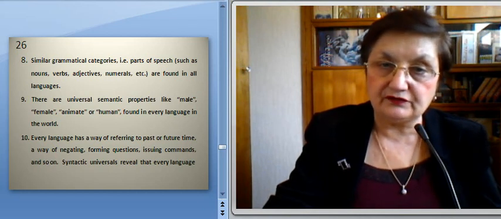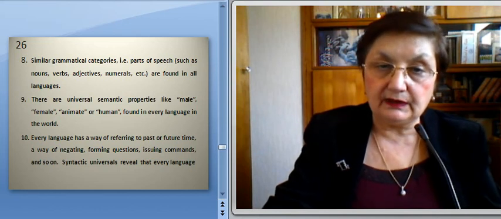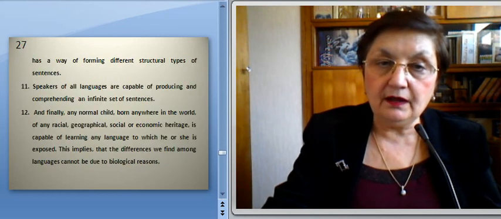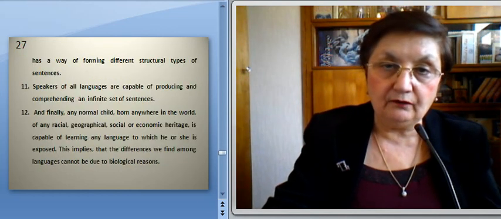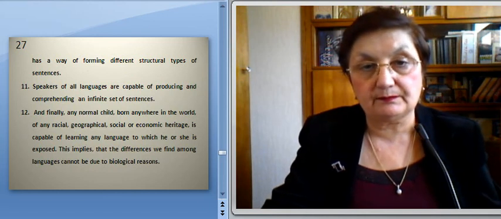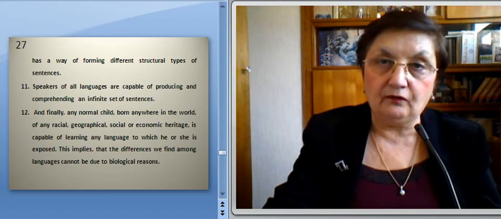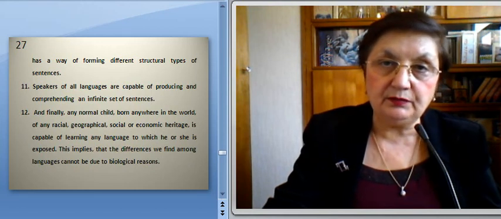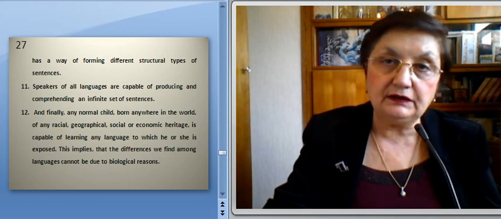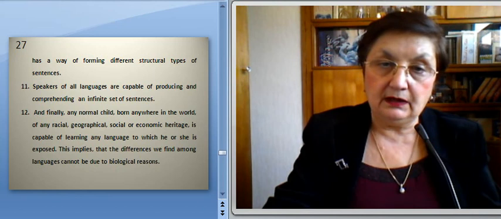Number 11. Speakers of all languages are capable of producing and comprehending an infinite set of sentences. And finally, number 12, any normal child born anywhere in the world of any racial, geographical, social, or economic heritage is capable of learning any language to which he or she is exposed.